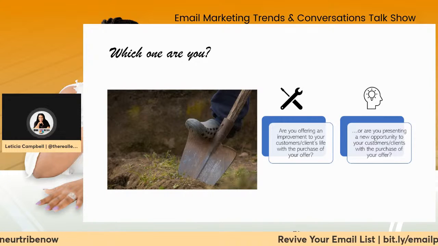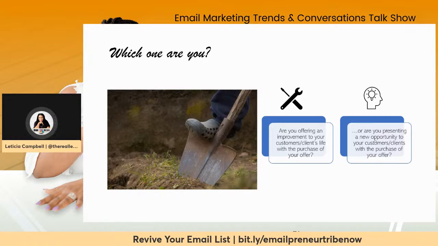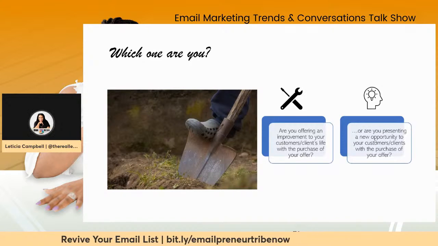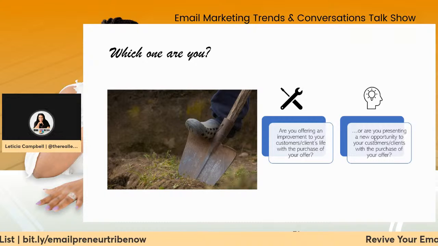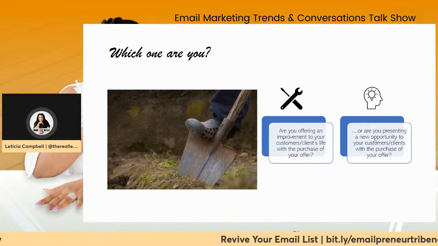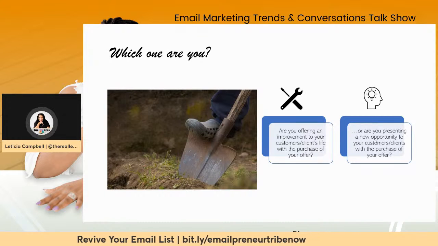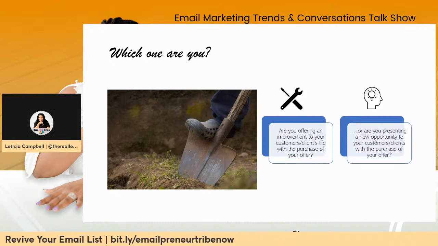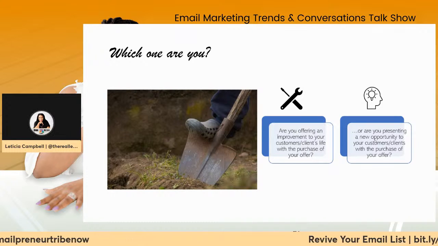So if you're offering something that's a new opportunity for your audience, you need to get out there and target individuals who like to desire, who are dreamers, right? Who want more. Those are the people that are like, well, I wish I had more money.